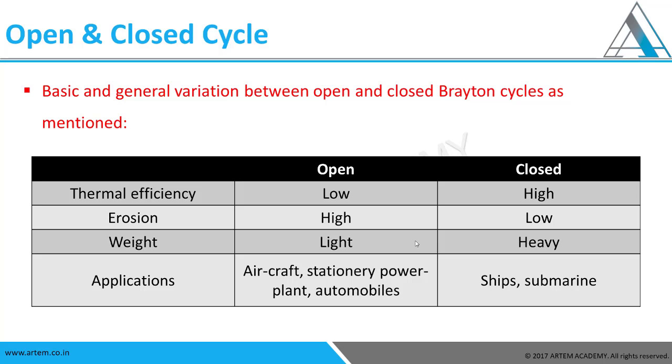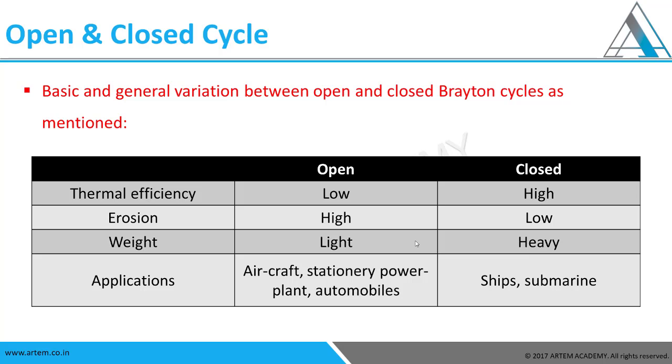So in the open, there would be a constant fresh air input or fresh gas input from the outside. But in the closed cycle, a constant gas would be running cyclically and the transformation would be happening. But in the open, you take fresh air from outside and you reject it. You do not recirculate that same air.